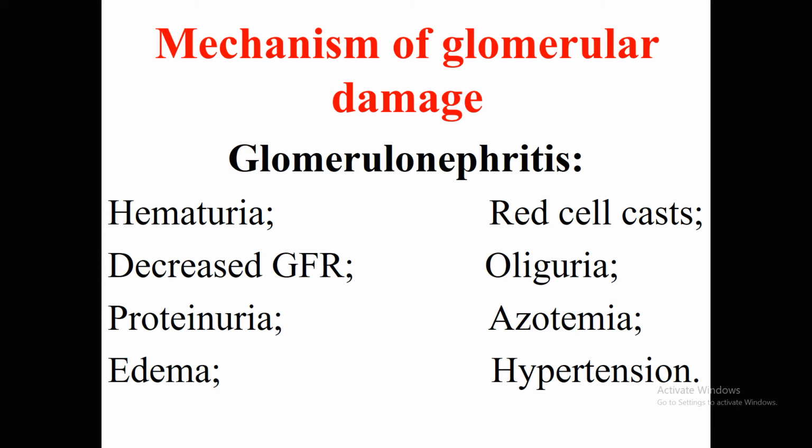Multisystem disease such as lupus erythematosus also may cause glomerulonephritis, and some primary glomerular disease, for example Berger's disease, known as immunoglobulin A nephropathy. Also miscellaneous causes such as serum sickness or irradiation may cause acute glomerulonephritis.